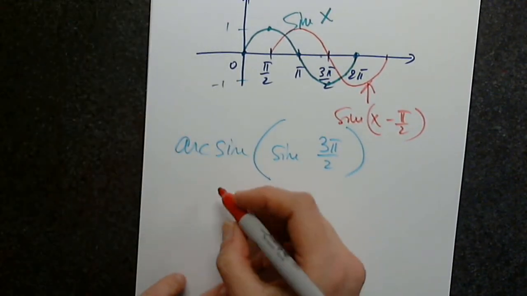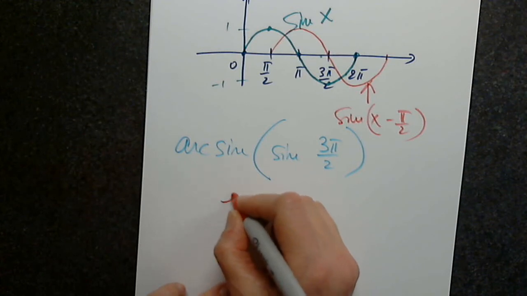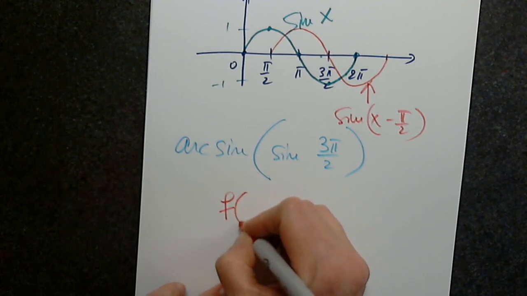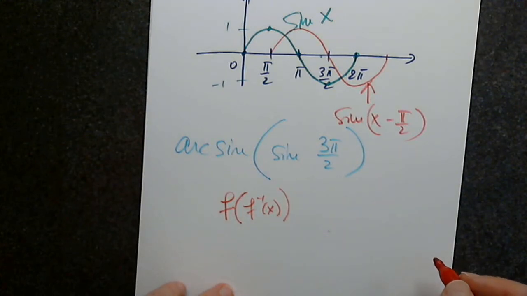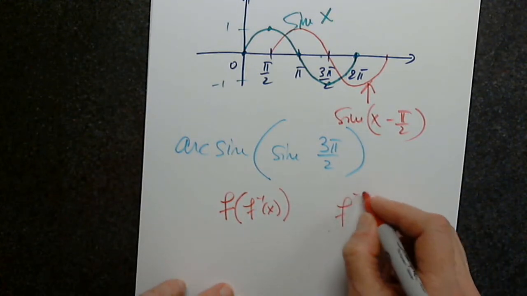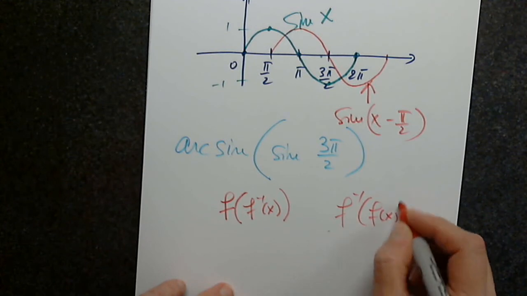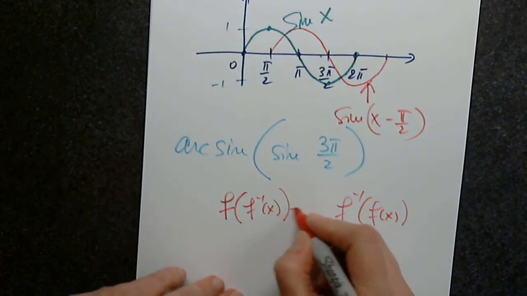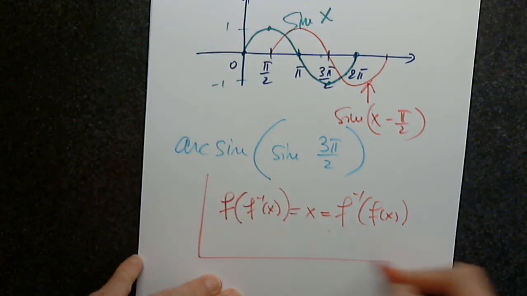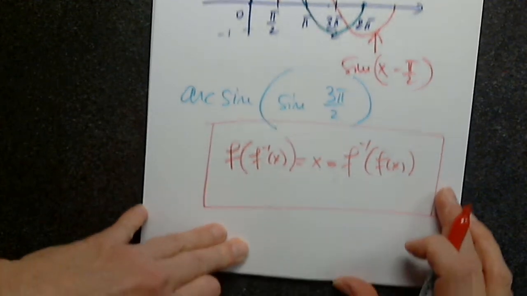If I have a function and I apply it to the inverse function, or I have an inverse function and I apply it to the function itself, what do I always get? Excellent. This is the property of inverse functions.